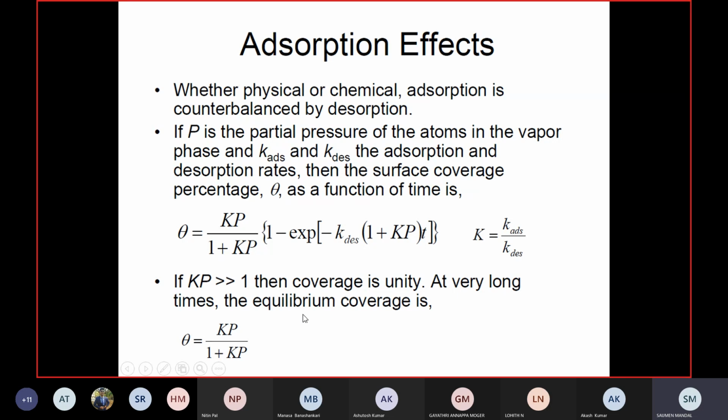At long time, the equilibrium coverage is theta equal to Kp by 1 plus Kp. So we can calculate the fractional coverage by this equation. In most cases Kp will be very much greater than 1, and in that case we can approximately calculate the surface coverage in this way.